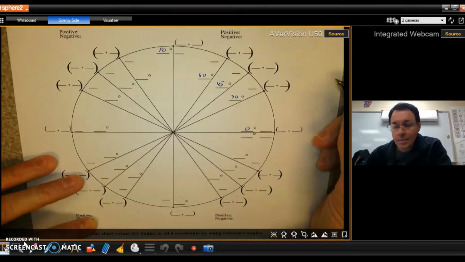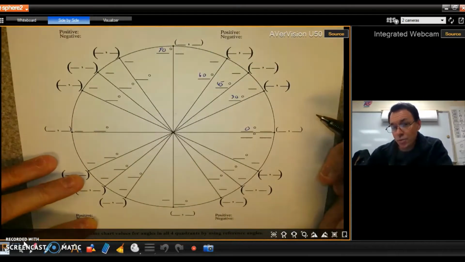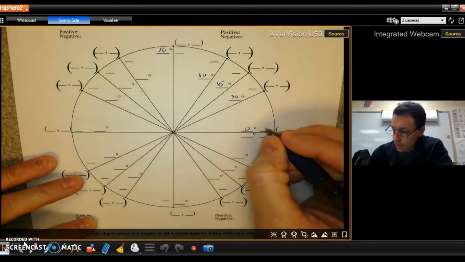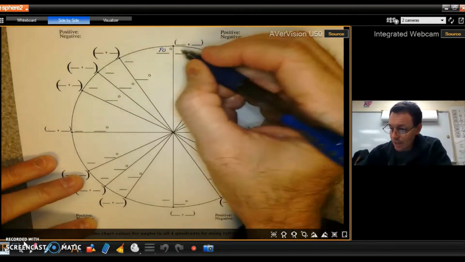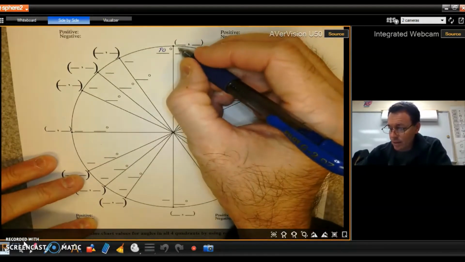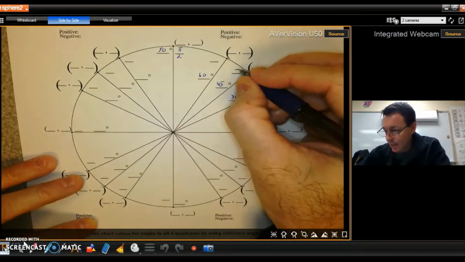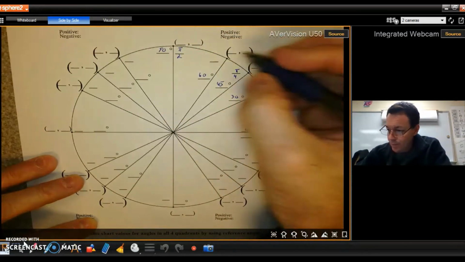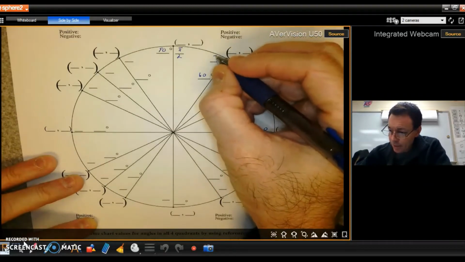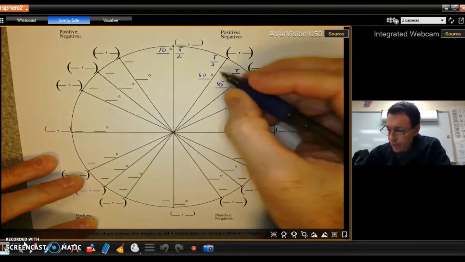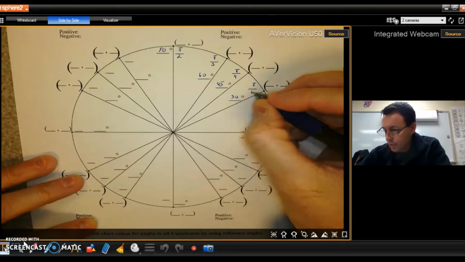Those exact same angles in radian measure. So again, 0. I know that this one is pi over 2. I then cut that in half, pi over 4. I know that 60 degrees is pi over 3. And then I cut that in half and get pi over 6.